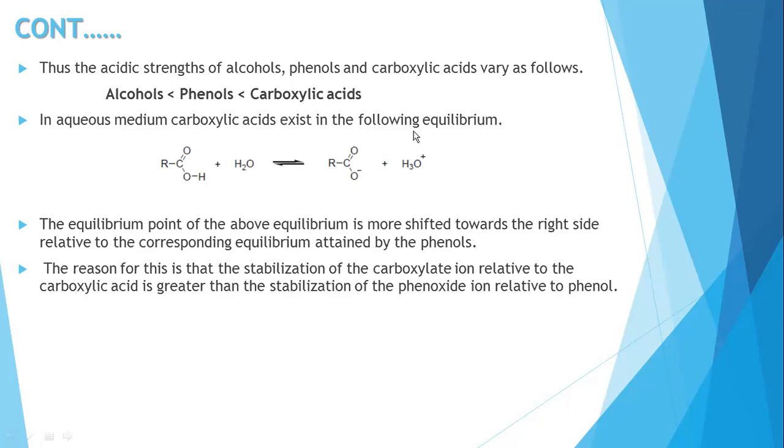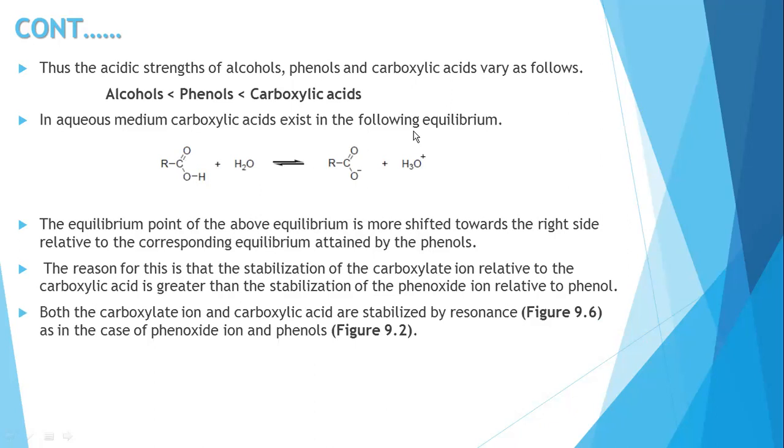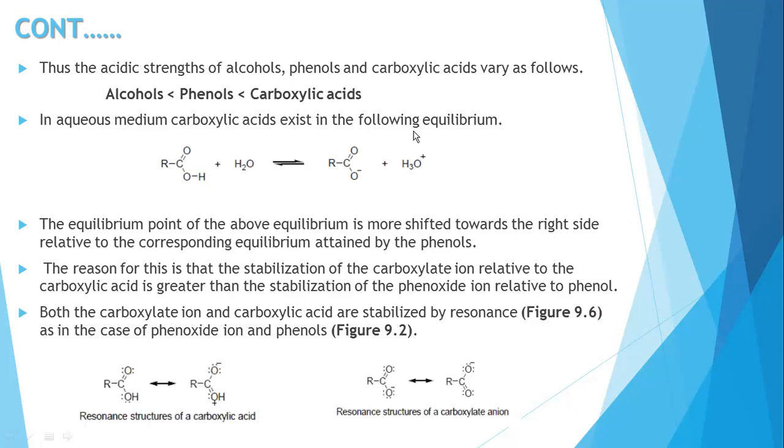The carboxylate ion is relatively stable. The resonance stabilization of the carboxylate ion is higher than that of the carboxylic acid, compared to your phenoxide and the alkoxide also. By using this, you can compare the phenoxide ion and the carboxylate ion.